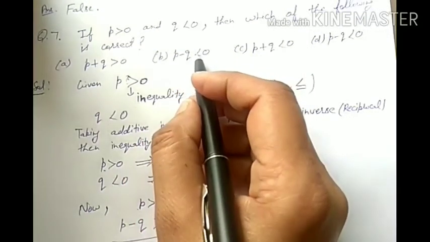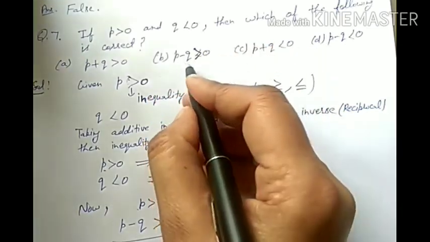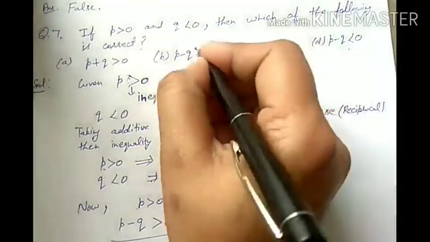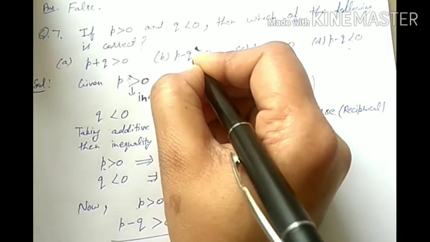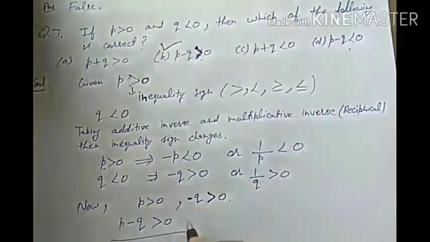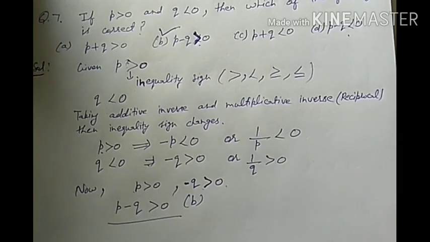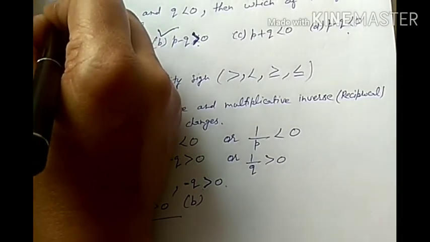Because both options are here same, p minus q less than 0. So we take p minus q greater than 0, and this is our correct option. Option B. I think you get it. If you have any doubt, then please ask in comment box.